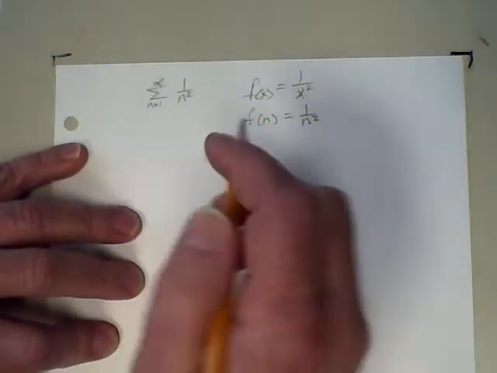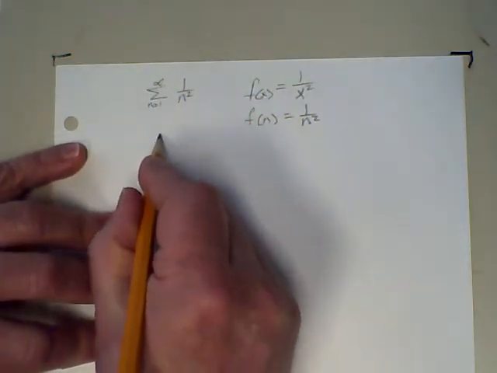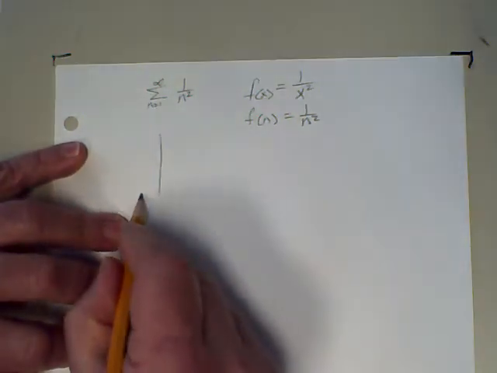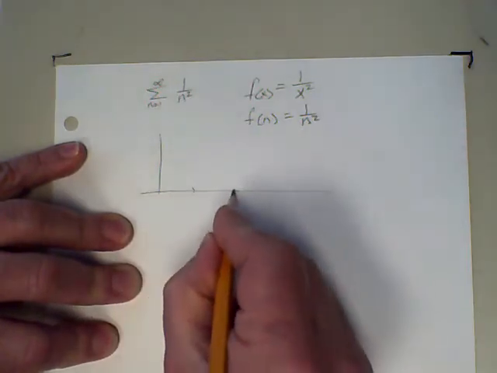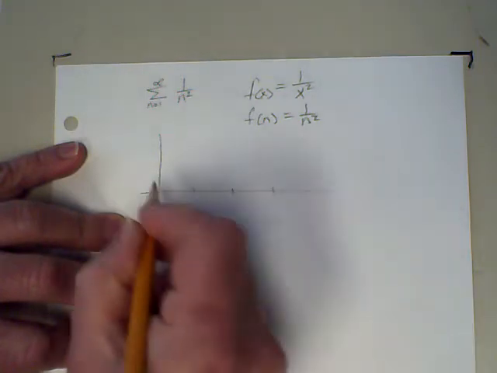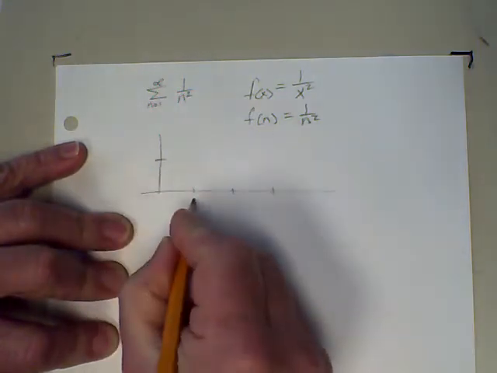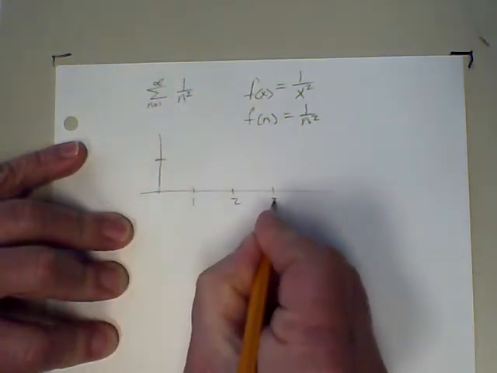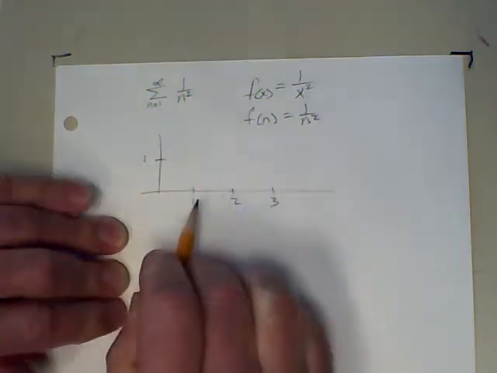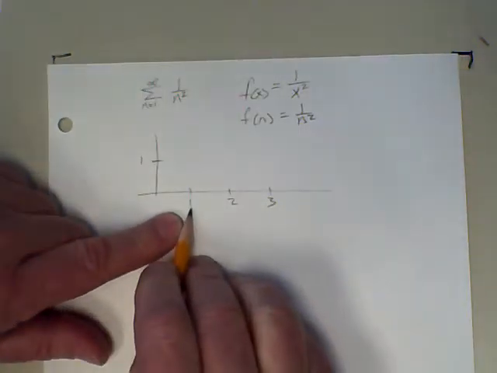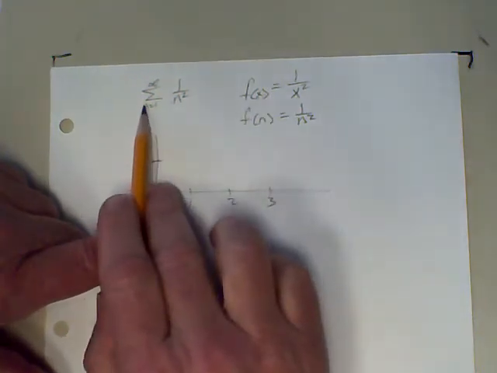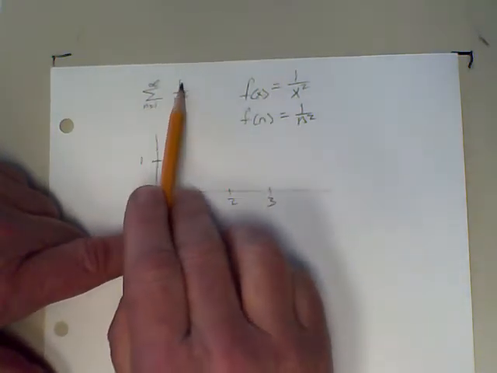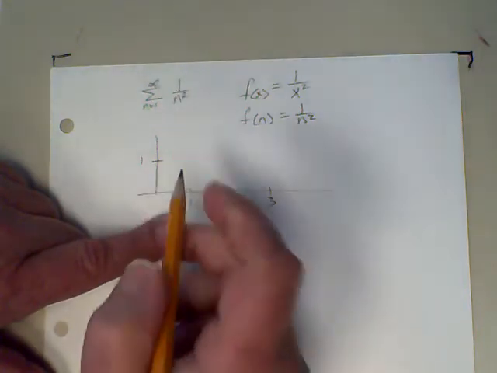All right. Now graphically, let's take a quick look at graphically what's happening here. So if we just sketch up a little graph, if I let n equal 1, I get 1 over 1 squared, which is 1.